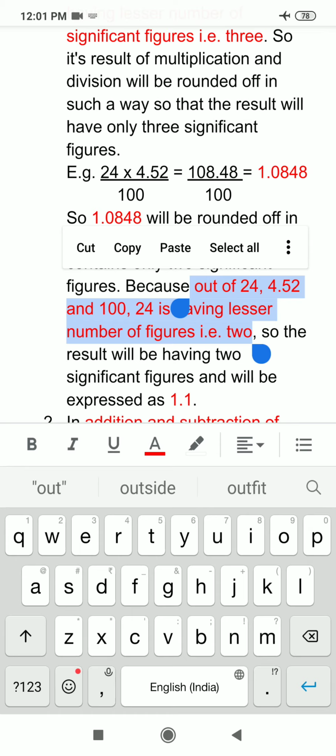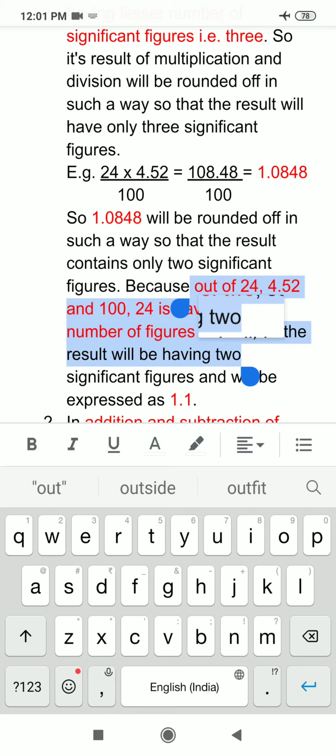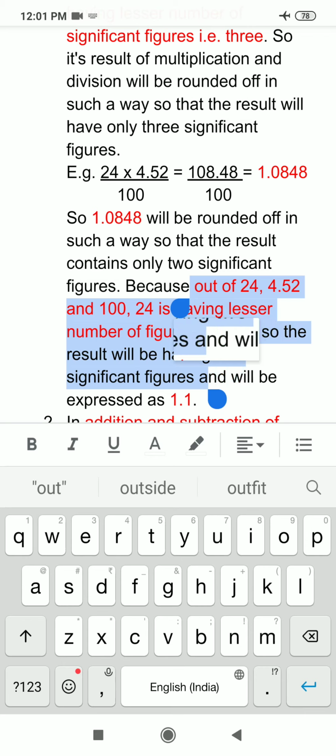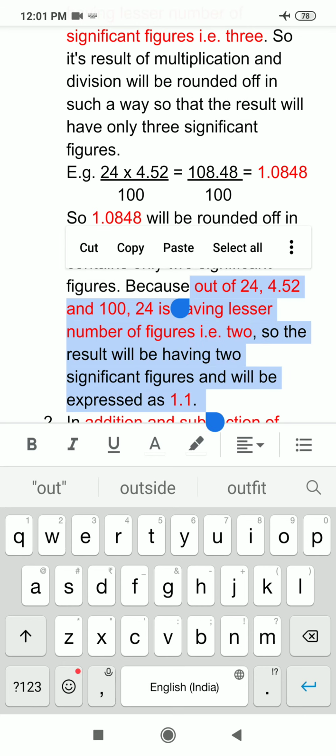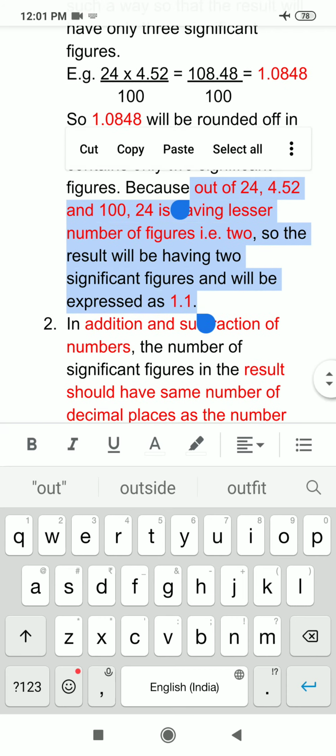So our result 1.0848 will be expressed in such a way that it has only 2 significant figures. So our result will be rounded off to 1.1, because 1.1 is having two significant figures, which is the minimum, in the case of 24.